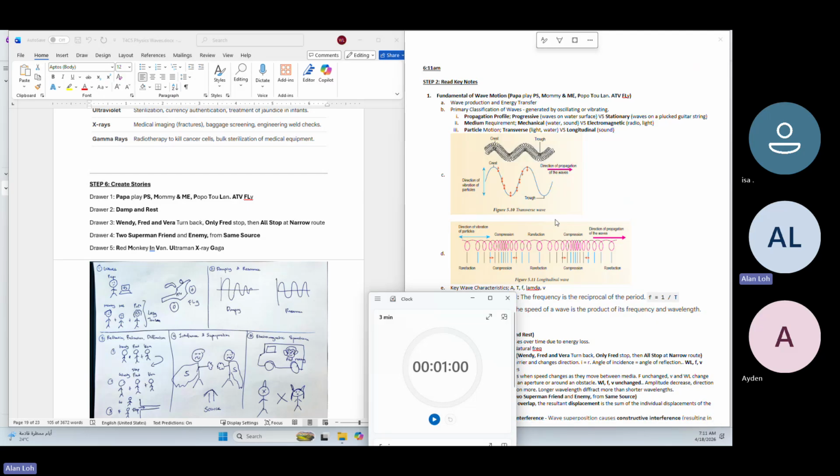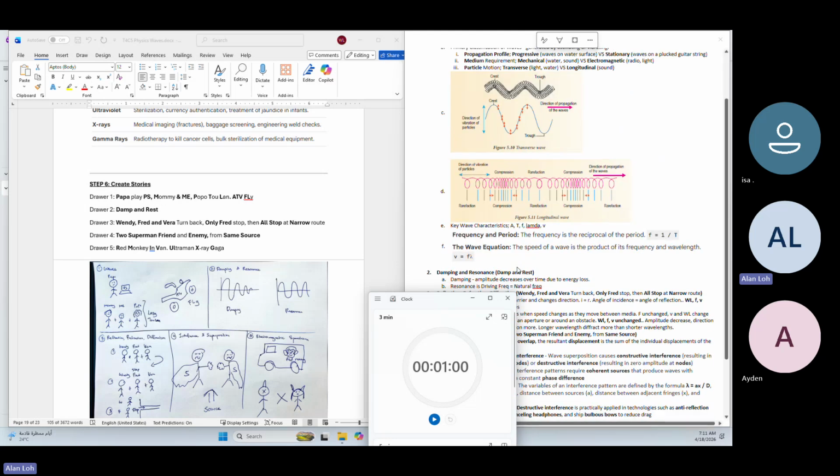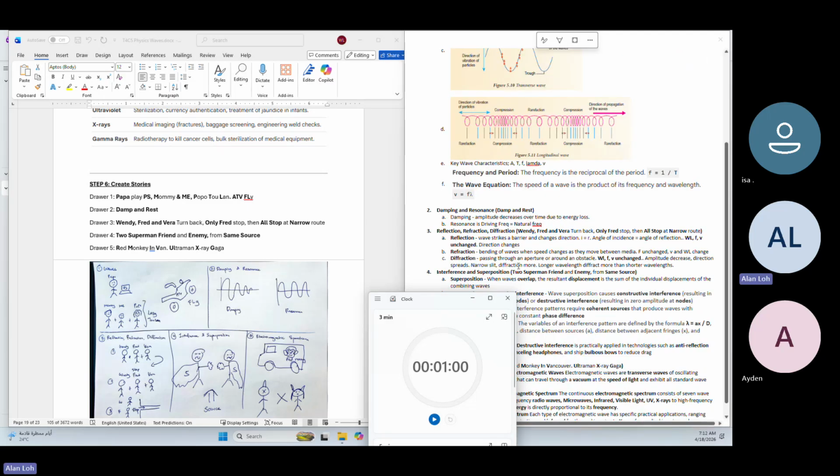Then I'm going to talk about the progressive versus stationary, mechanical versus electromagnetic, the transverse versus longitudinal. Right. If I want to explain more about the equations, then I can talk about the equations. V equals F lambda. Right. Then damping. I can talk about what is damping, what is resonance.